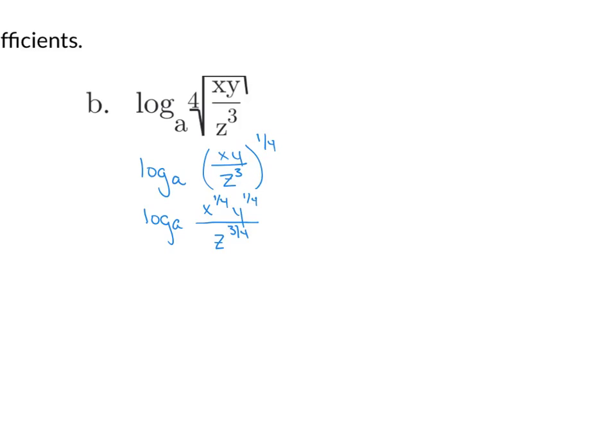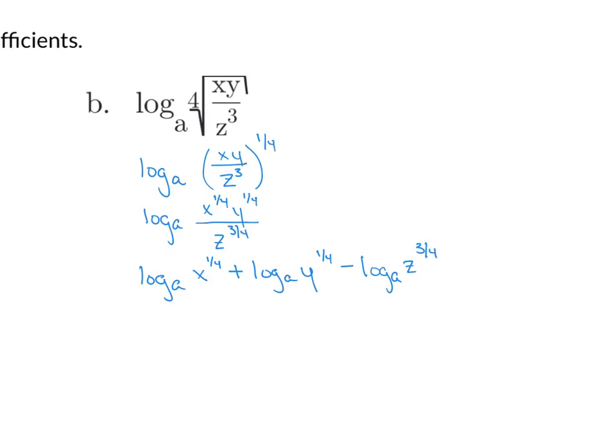So we get log base a of x to the 1/4. Y is on top, so it's going to be plus log base a of y to the 1/4. Z is on the bottom, so it's going to be a minus log base a of z to the 3/4.